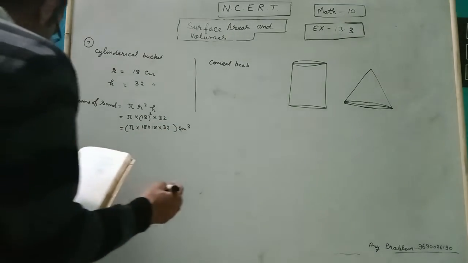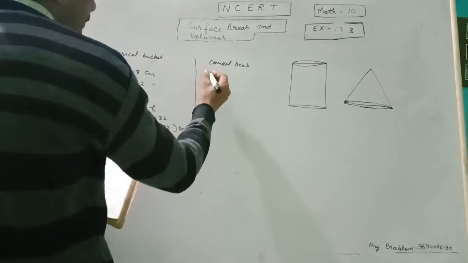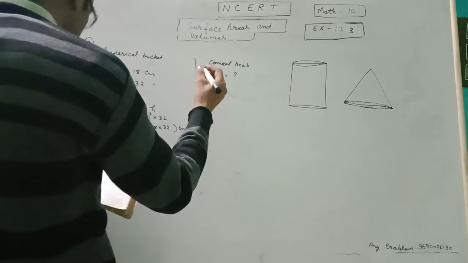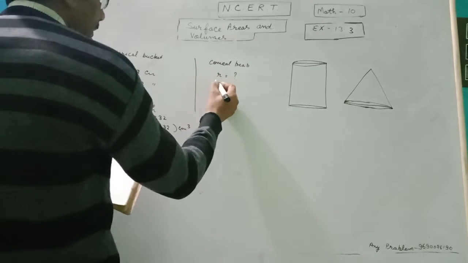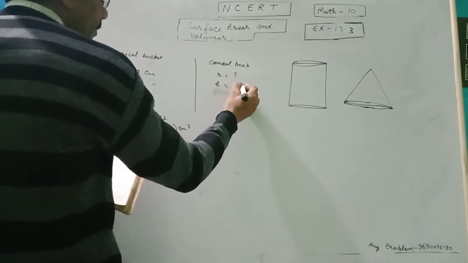Conical heap: radius will be found first. Height is equal to 24 cm.